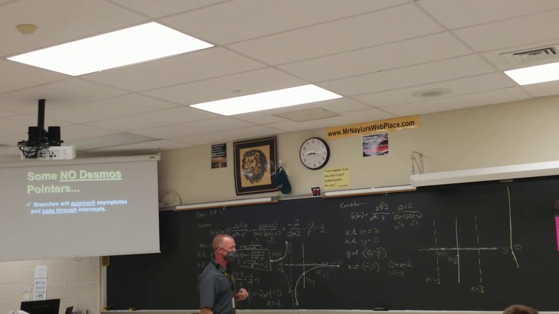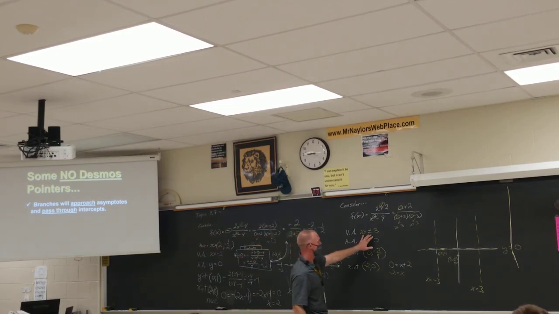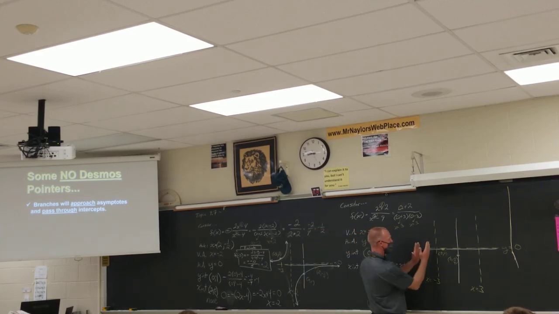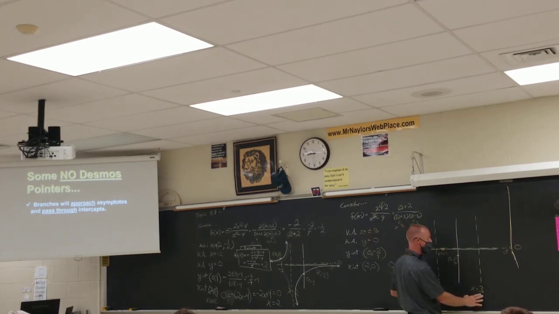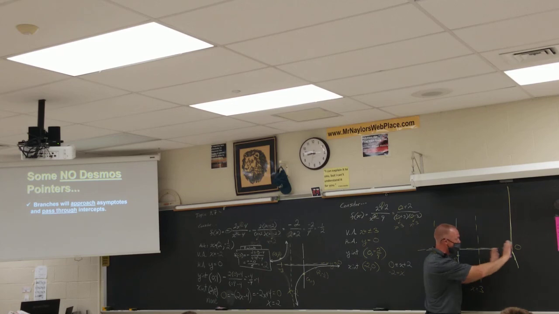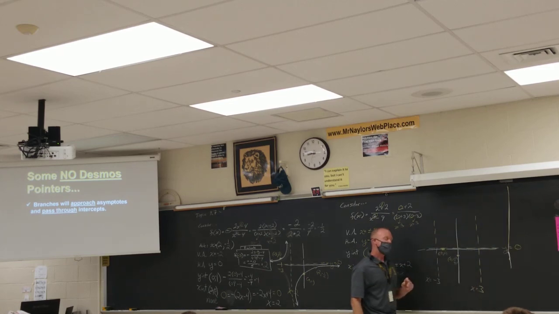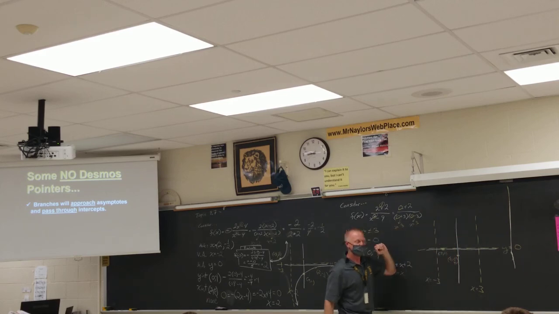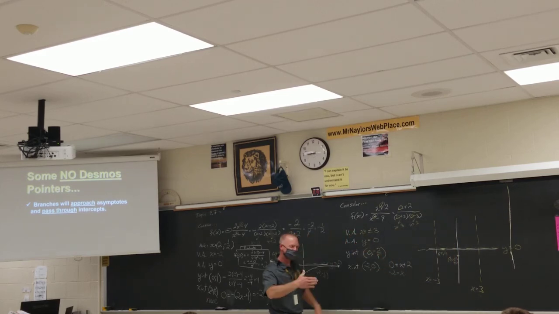And I just kind of want to stand before you and say that when you have vertical asymptotes, they divide a graph into spaces or into intervals. So I want you to feel like you have the space to the left of -3. I want you to feel like you have the space that's between the 3's. And then we have the space to the right. Not to mention we have a horizontal asymptote also cutting through the middle. But it's the vertical asymptotes that kind of divide you into spaces.